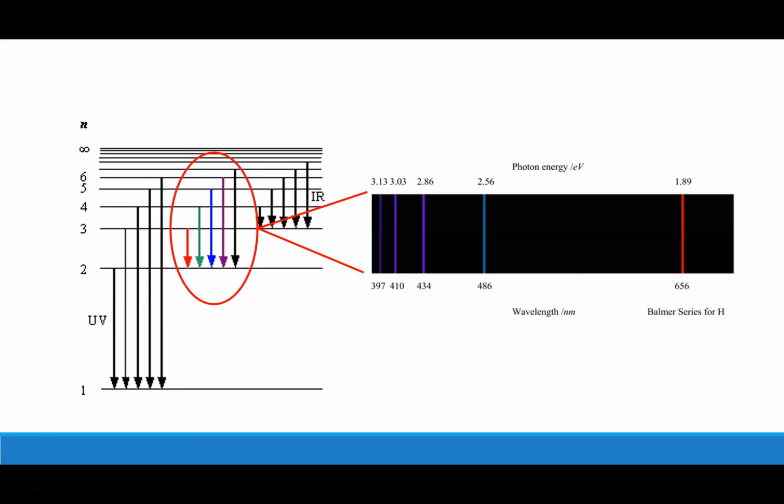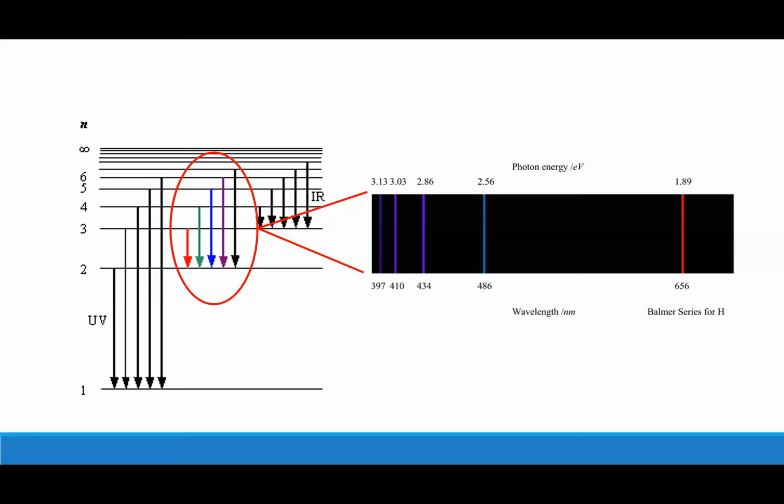The next electron transition is from energy level 4 to 2, which is a higher energy difference. This transition corresponds to the cyan line in the emission spectrum of hydrogen. The blue line in the emission spectrum corresponds with the transition from energy level 5 to 2, an even higher energy color and difference. And the violet line corresponds with the transition from energy level 6 to 2.